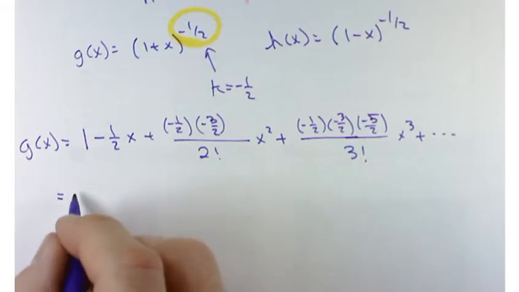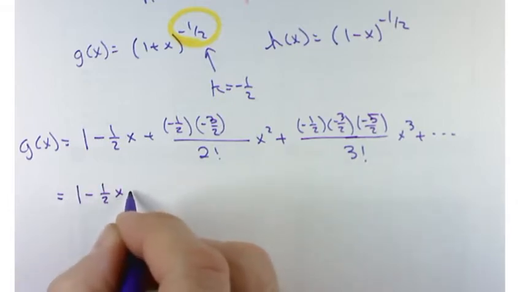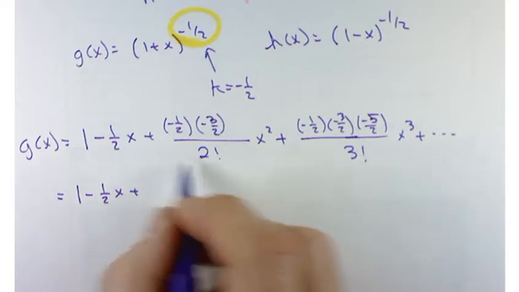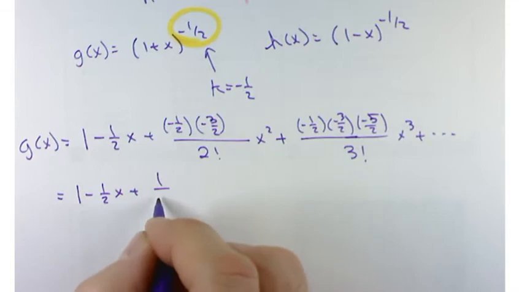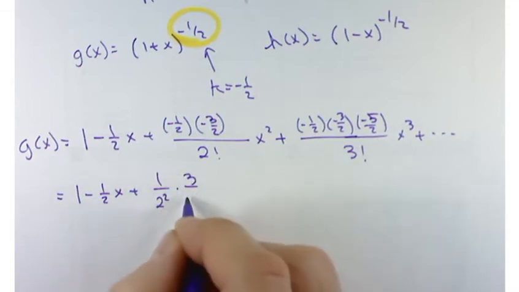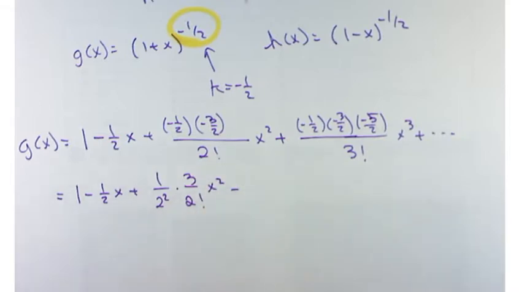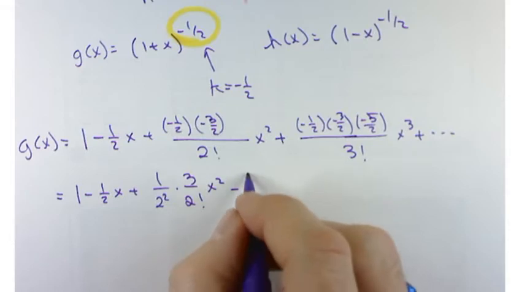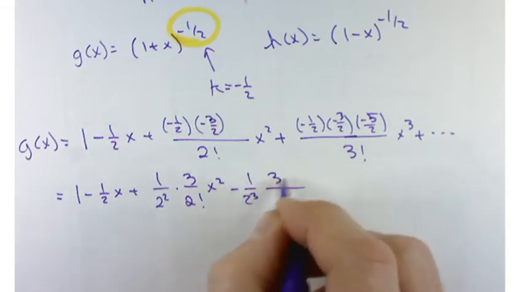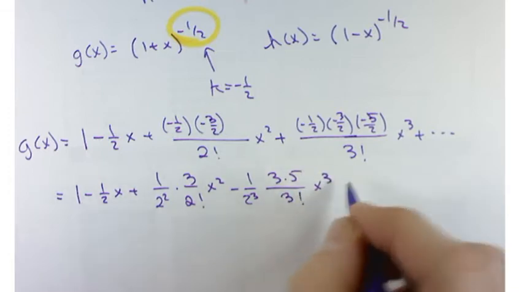If we clean this up a little bit, it's going to be 1 minus 1/2 x plus 1 over 2 squared times 3 over 2 factorial x squared minus 1 over 2 cubed times 3 times 5 over 3 factorial times x cubed.